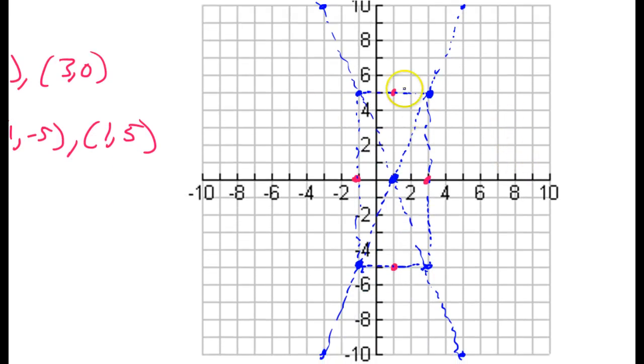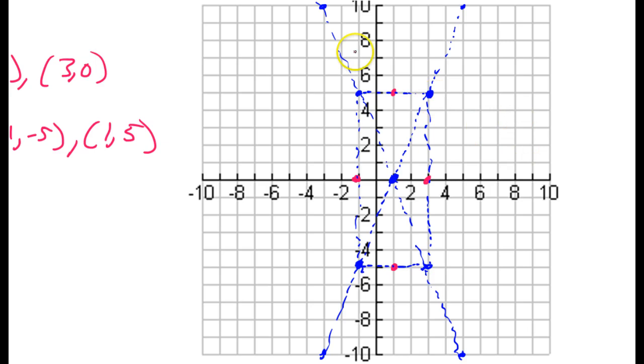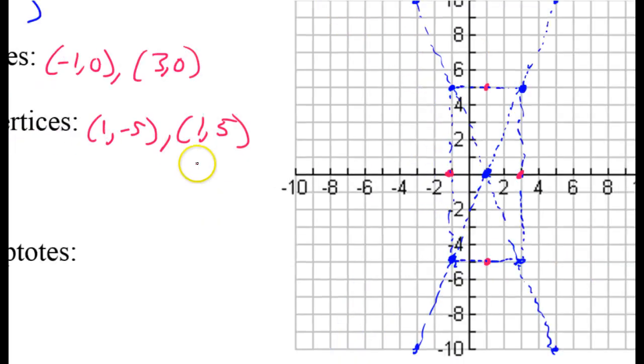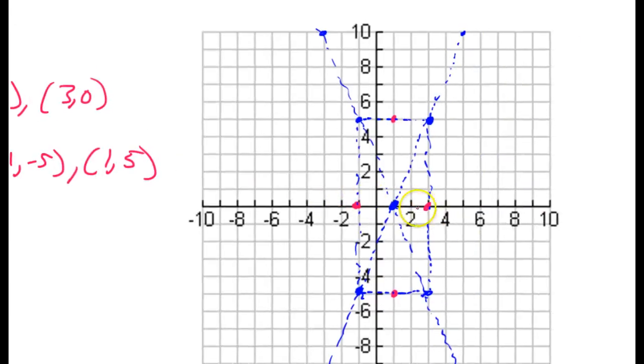Okay? So, in all of this excitement, I'm forgetting whether this should be a horizontal hyperbola opening to the left and right, or a vertical hyperbola opening up and down? So there's two ways I can remember that. I recorded my vertices, the -1, 0 and the 3, 0. Okay, that's this point and this point.